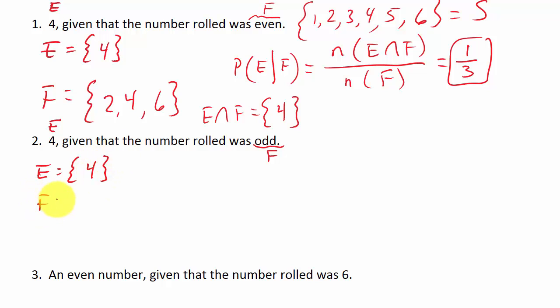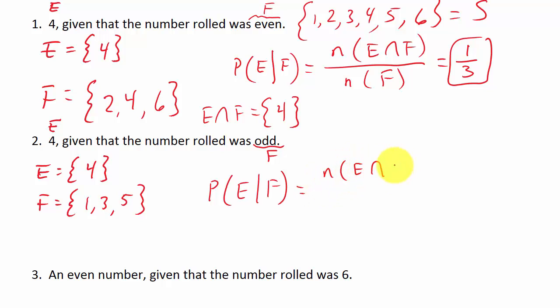The set F is going to consist of the odd numbers 1, 3, and 5.